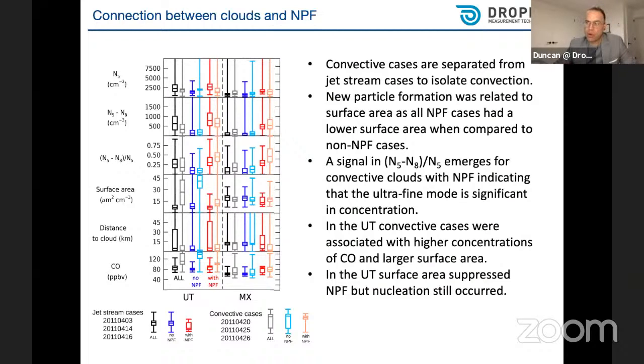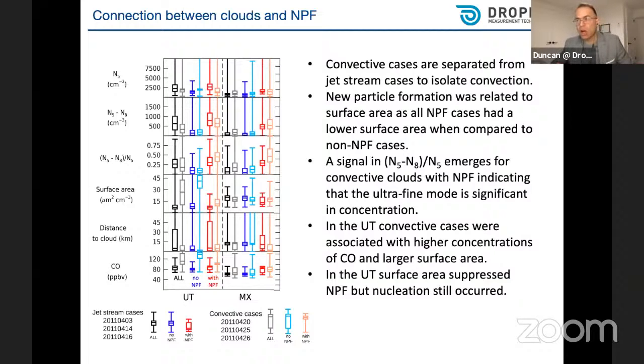So there's a process there where aerosols are present and increasing the surface area near clouds. In the upper troposphere, surface area suppressed particle formation, but nucleation still occurred. So even though the surface area was high near clouds, the CO was so high.